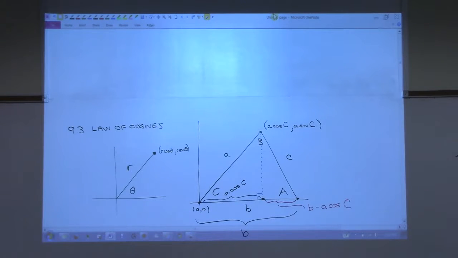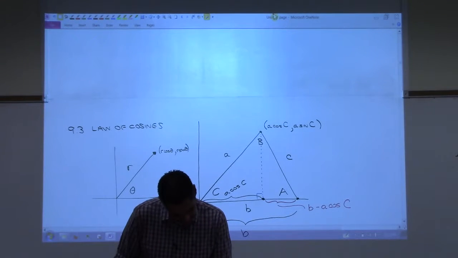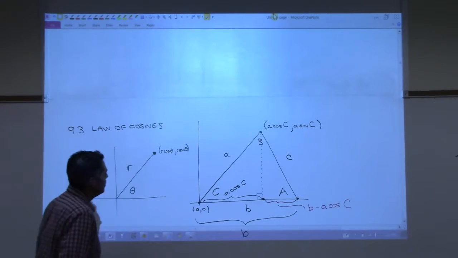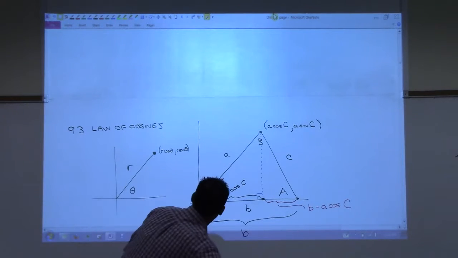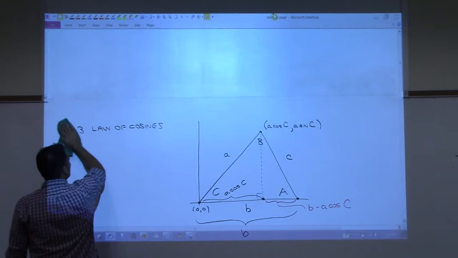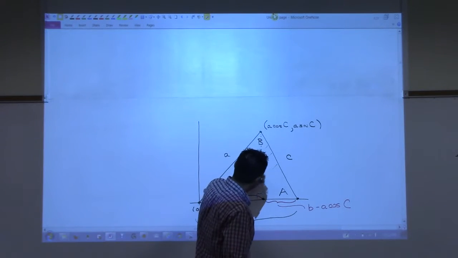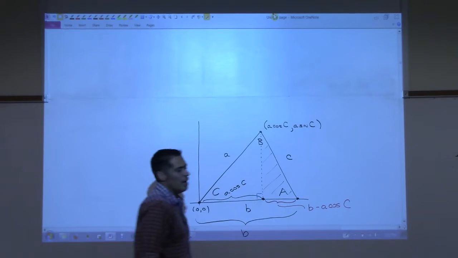Now, what else can we get here? Let's do it this way. Let me erase this. I want us to just focus our attention on this right triangle right there.